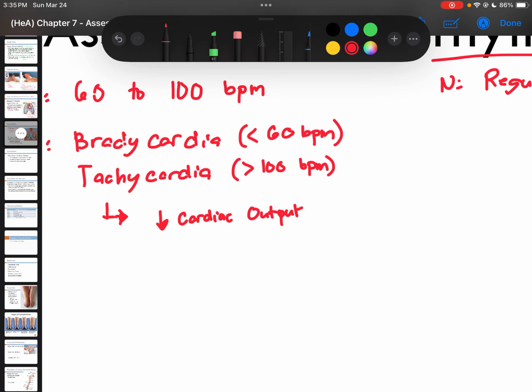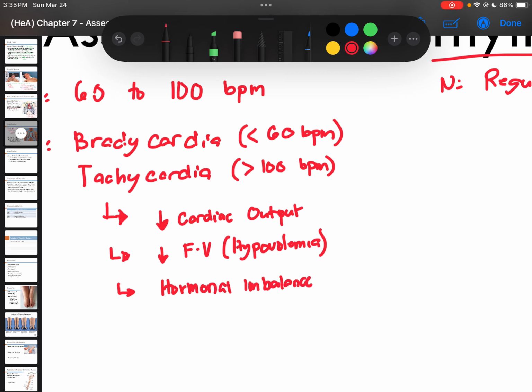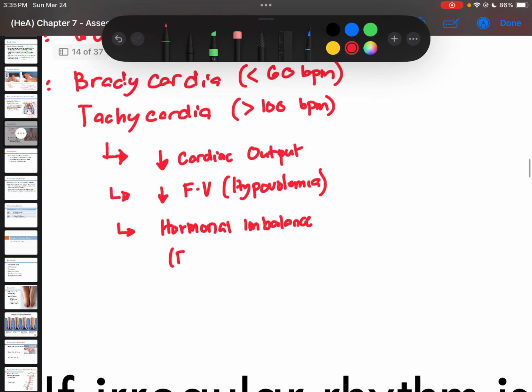Another cause is decreased fluid volume, or hypovolemia. And lastly, class, not as common but still relevant, hormonal imbalances. Two hormones specifically can control your heart rate, your epinephrine and norepinephrine.